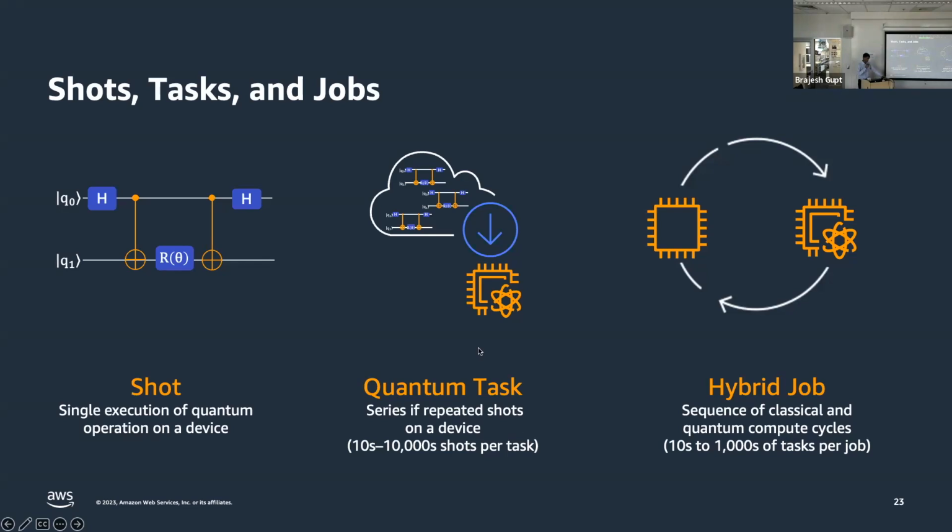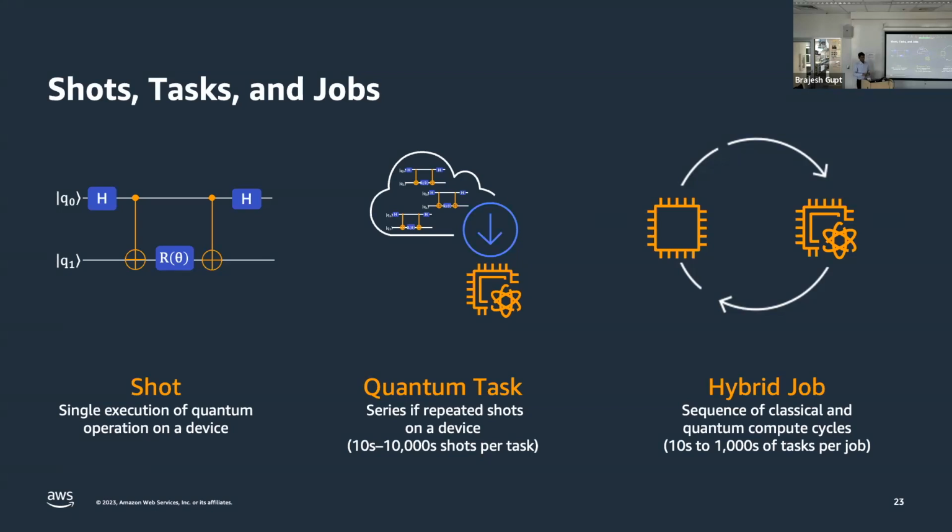Now, a further level up, a hybrid job is a sequence of classical and quantum computer cycles where you submit many quantum tasks as part of the whole computation, right? For example, let's say you are working on a quantum machine learning algorithm, and there is a gradient descent method.